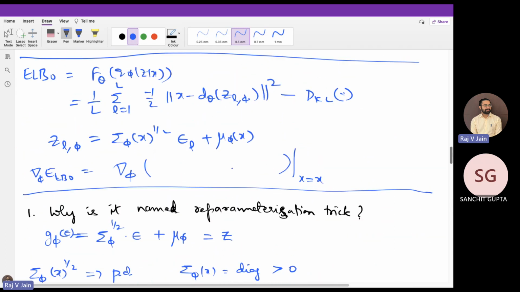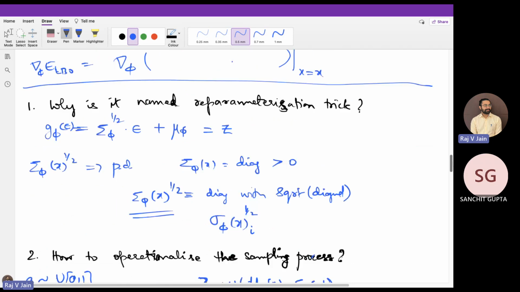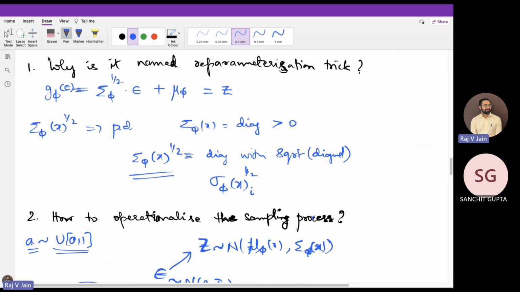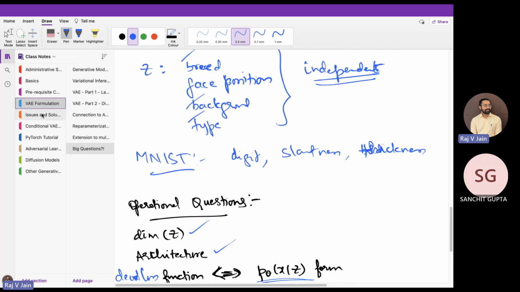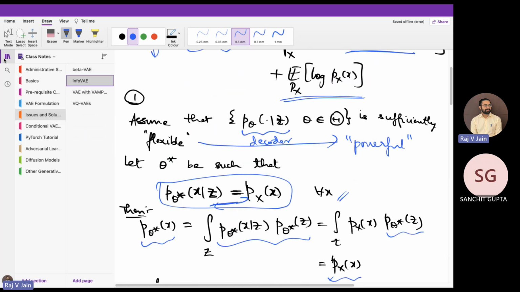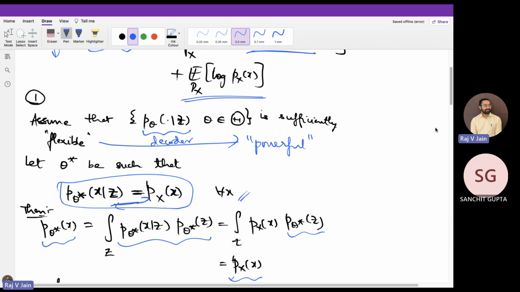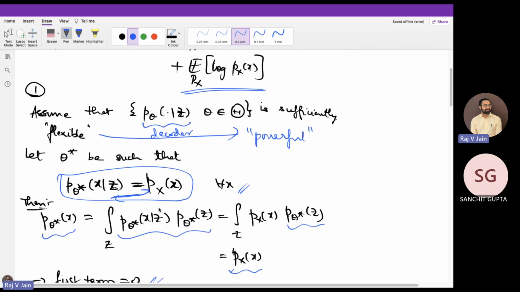Okay, not linear, but a non-linear one. Correct. So how can z be independent of x? Or is it only like in theory? You're saying that this is happening only in theory. Yeah, correct, because we are trying to approach it as much as possible.